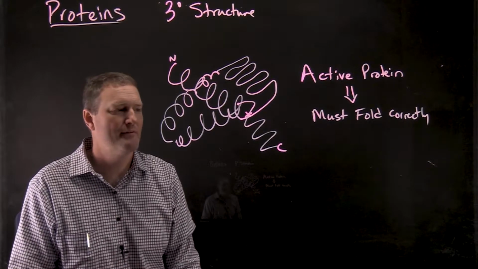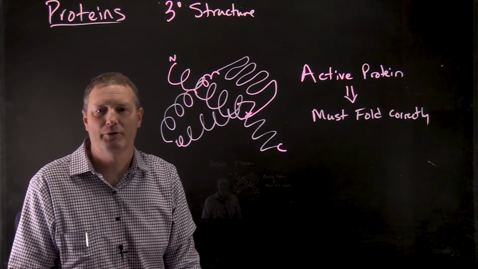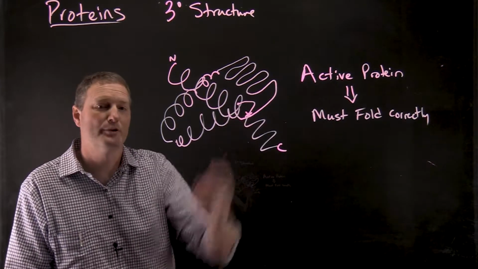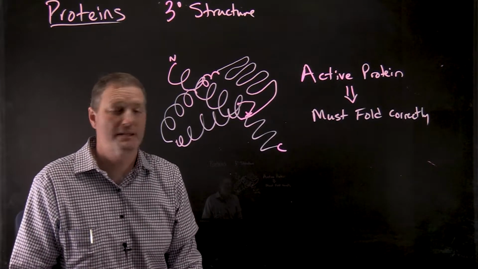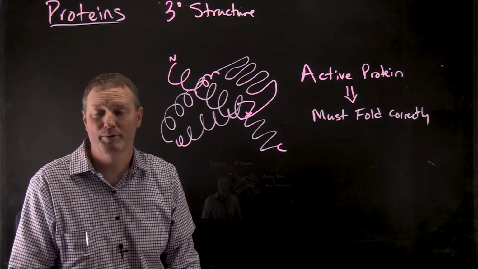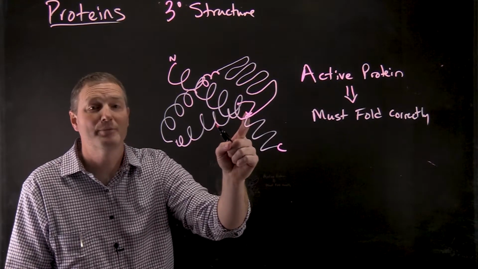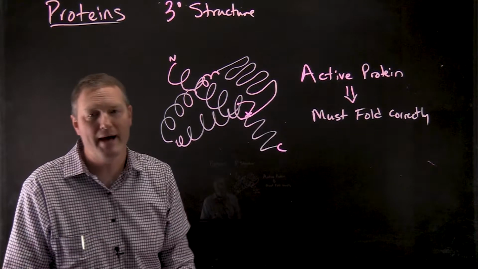Numerous examples of this. The proteins involved in Alzheimer's disease involve a misfolded protein. Sickle cell anemia is another example, brought about by misfolded globin proteins in hemoglobin, and those arise because of a single mutation at a single amino acid.